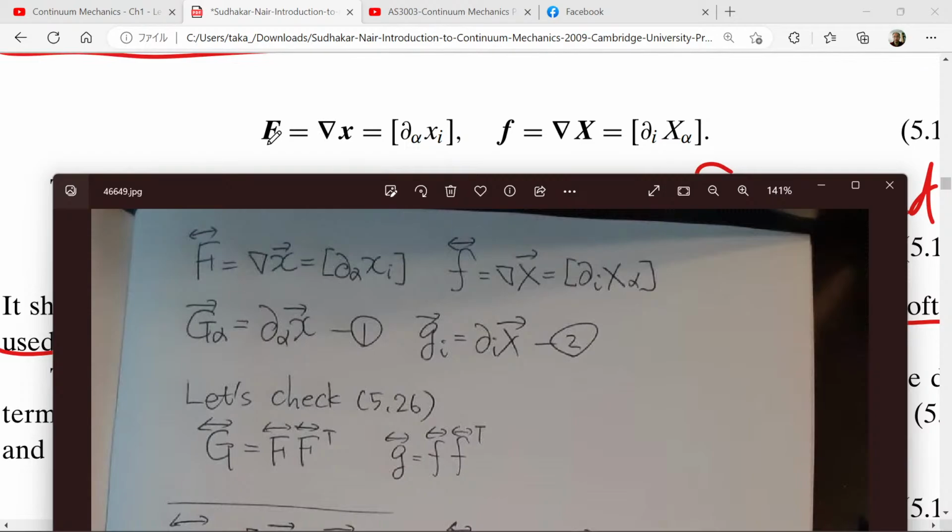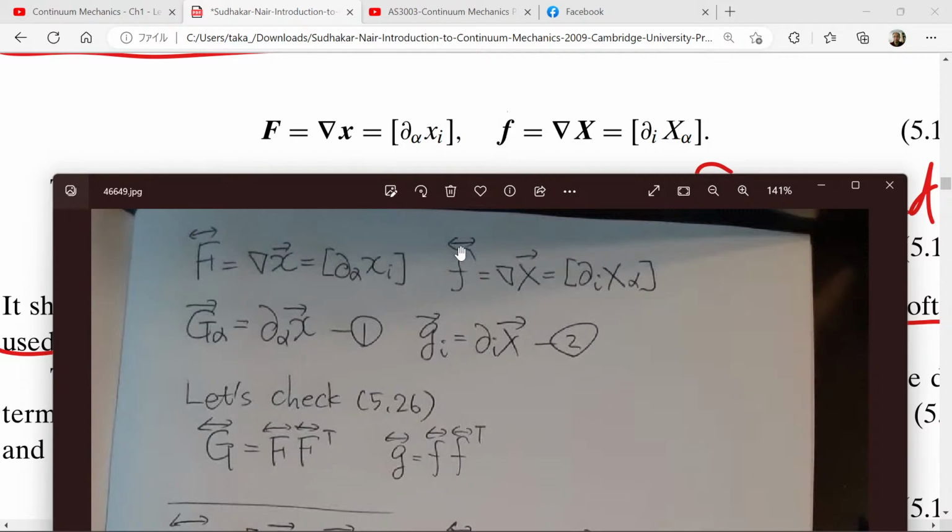Okay, so for a tensor we sometimes put this double-edged arrow. Then I copied this partial alpha xi. This is correct, okay? And small f is also a tensor.